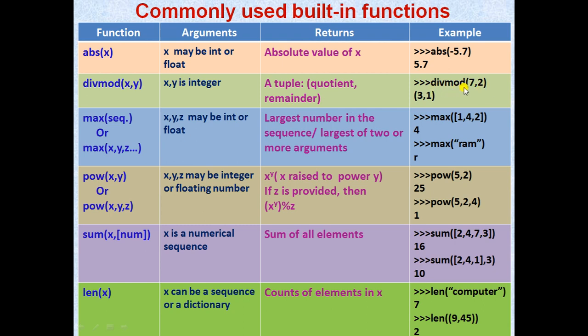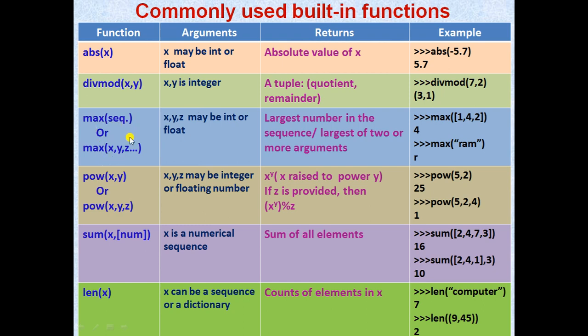If we divide 7 by 2, whatever quotient and remainder we get will be collected in a tuple, and that tuple will be returned by this function.